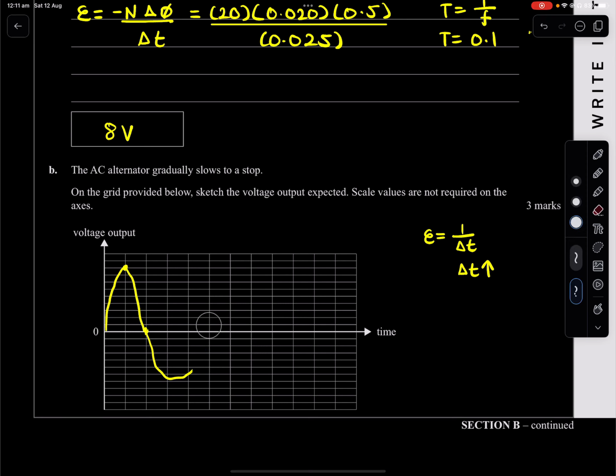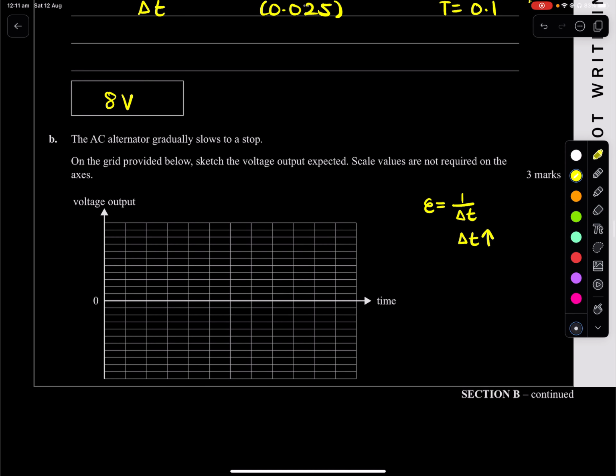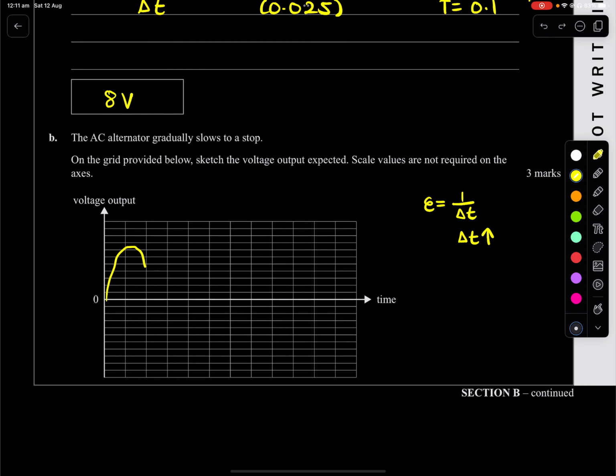Let me nicely resketch this. So pretty much just like this. I want the amplitude to be less, so something like that.